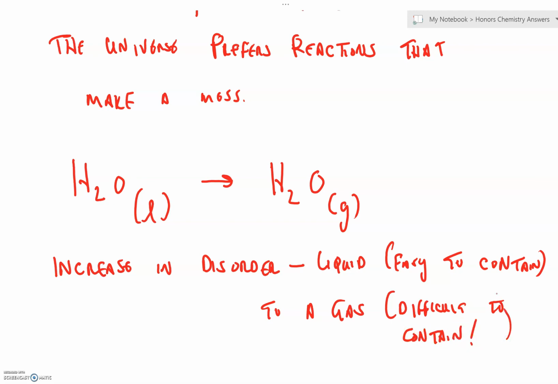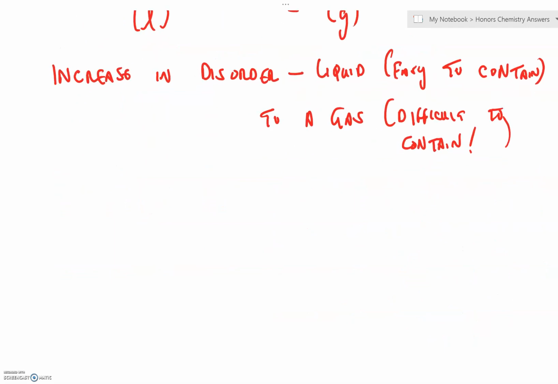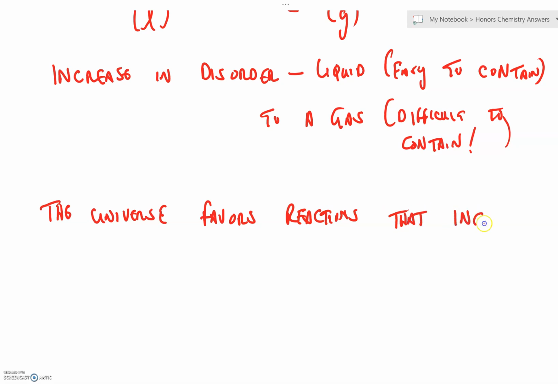In other words, if you boil off your water into water vapor, you're not getting it back unless you've done it in some kind of controlled environment. So we should say the universe favors reactions that increase disorder, or this new word, entropy.